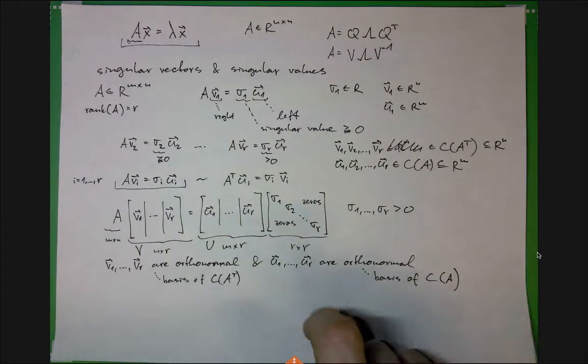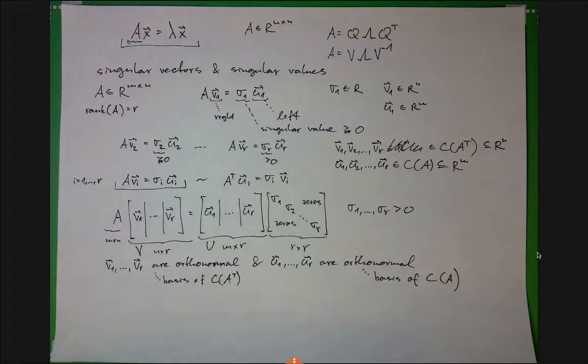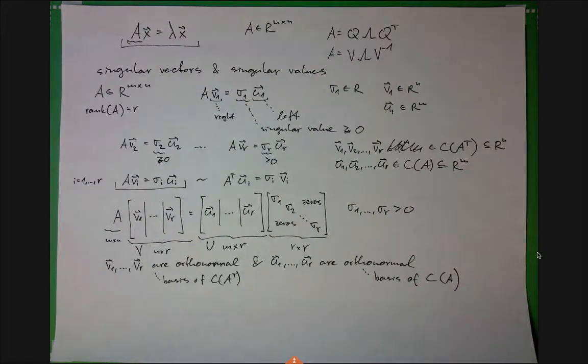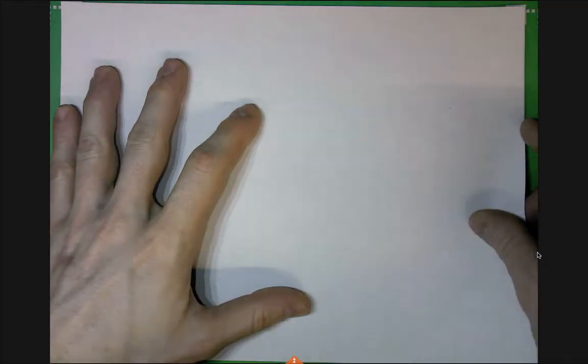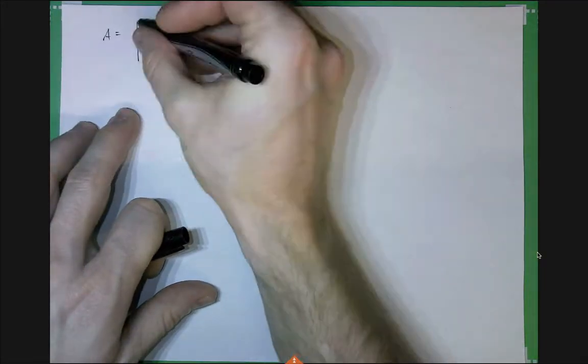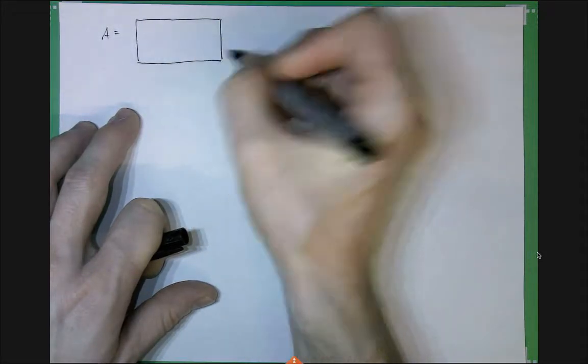Now this is the meat of the matrix, but then there is more to it, and that more might sometimes be quite important. So let me try to draw a little image. Let's assume that the matrix looks like this, a short but fat matrix.